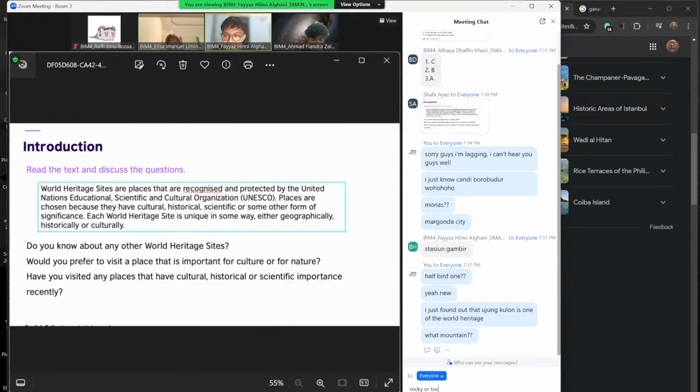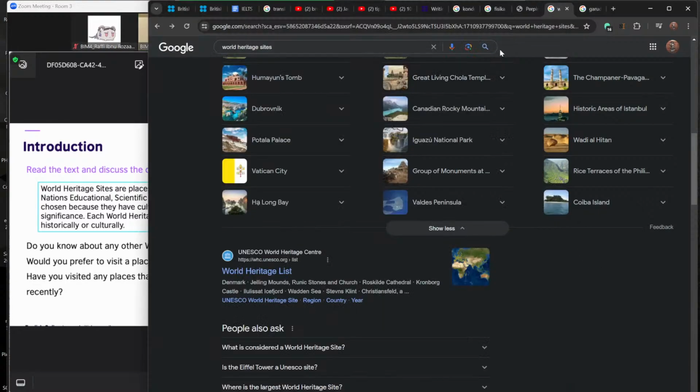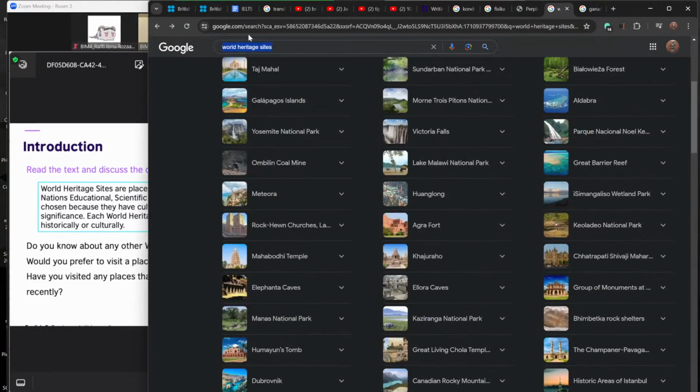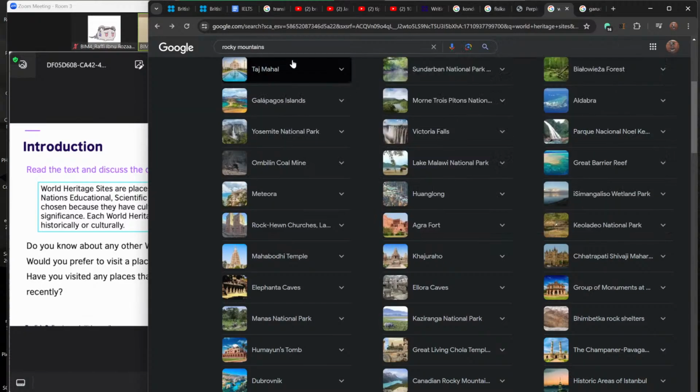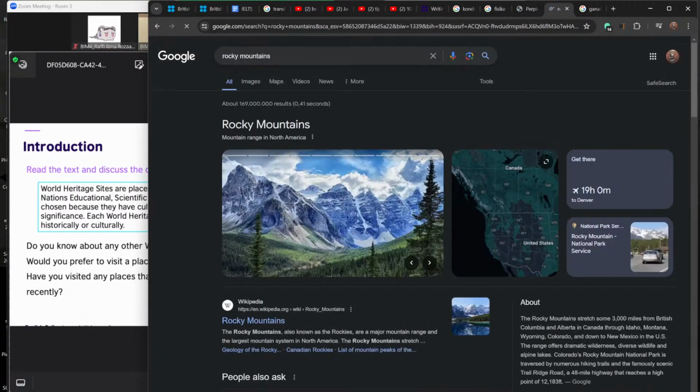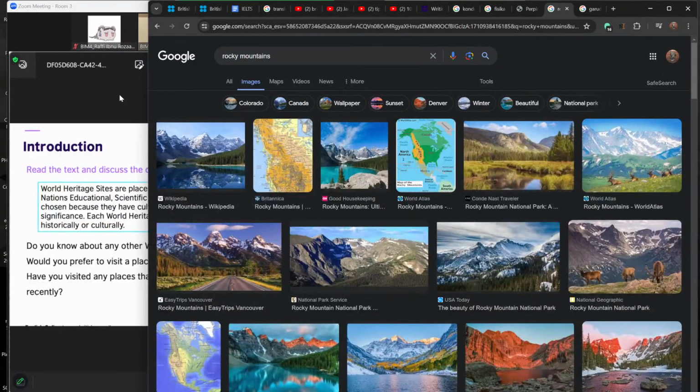Rocky. Is it on the wallpaper of the MacBook? The default theme.